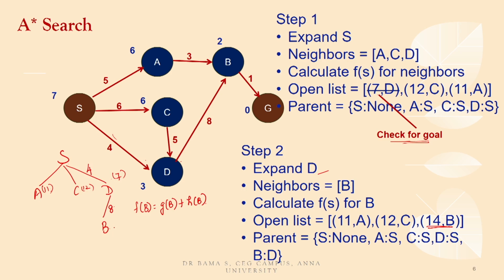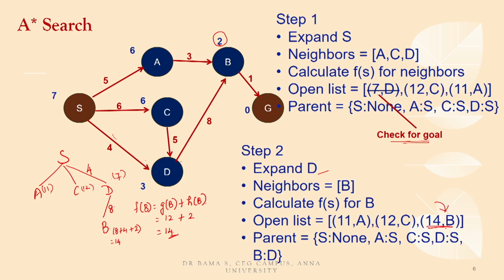So, 8 plus 4 or 4 plus 8, I have just inversed this, 8 plus 4 or 4 plus 8 is the same. So, 12 plus the heuristic cost here 2, that becomes 14. This G of B value is 12 plus H of B value is 2, therefore, it is 14. So, this 14 gets updated into this open list.